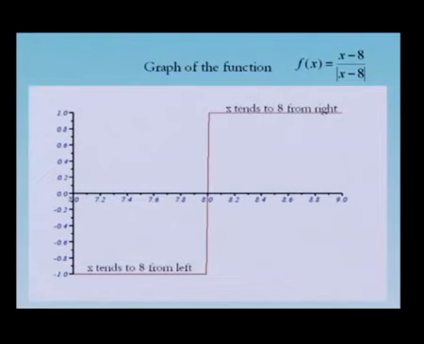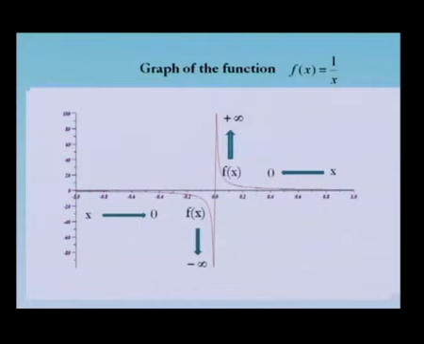So when x crosses 8, function has a jump. So function does not have a unique value when x reaches towards 8, and that means f(x) has no limit at the point 8.